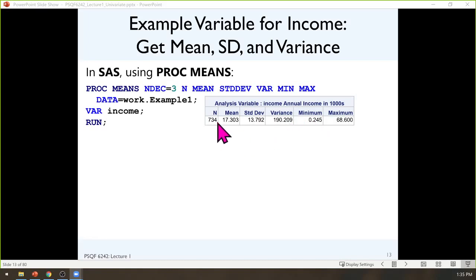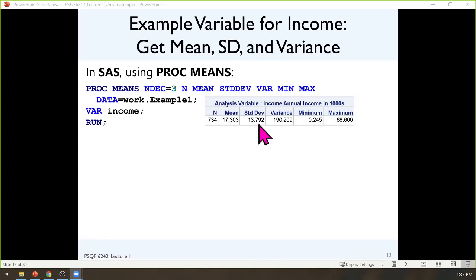So 734 people in this data set. The mean of income, which is the variable that we're working with, is 17.3. So on average, people are reporting they make $17,303 a year. Any one person, though, standard deviation of 13.8-ish, the average distance of any one person's salary from the mean of 17 is 13.